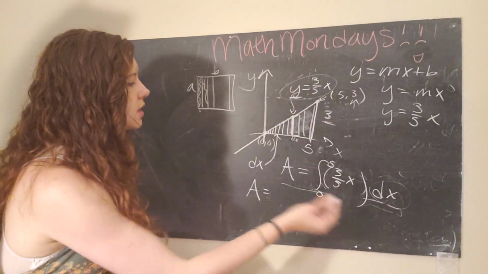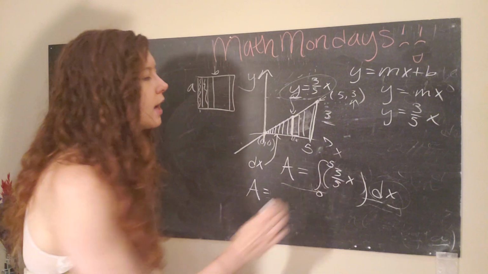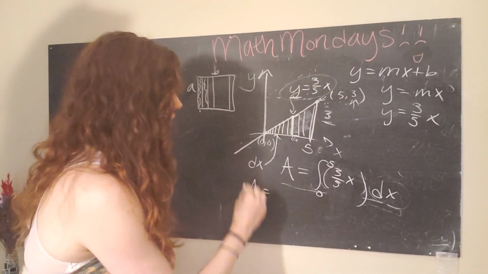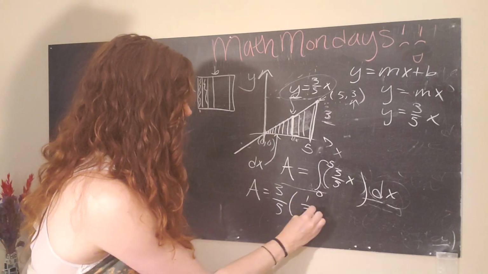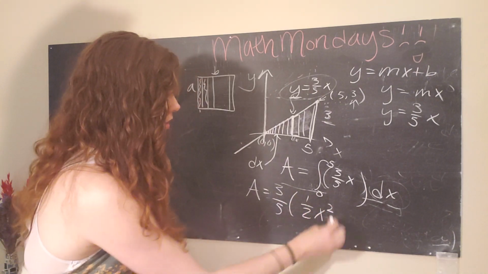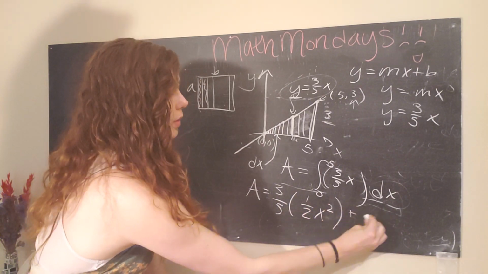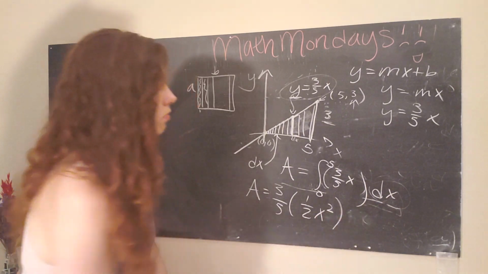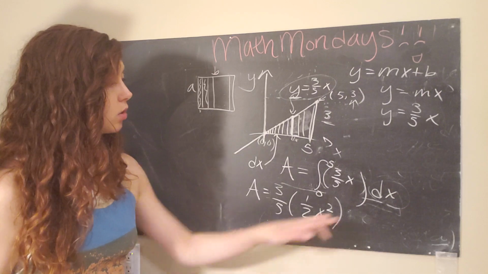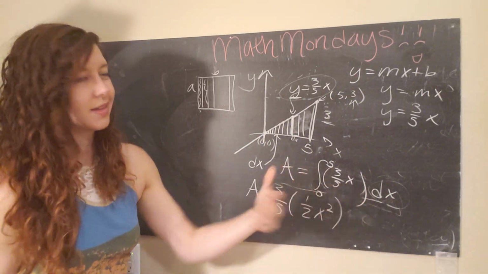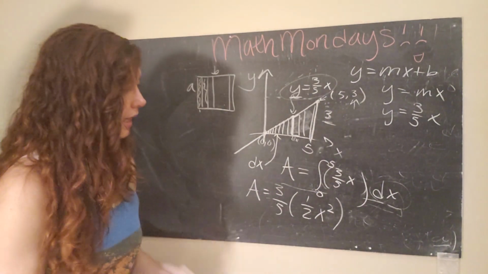So in this case, to reverse a derivative, we are going backwards, and so we will get 3/5 times 1/2 x squared. And normally we would add a constant for due diligence because the derivative of a constant is 0. So if you have an integral that looks like this, you might have a constant that was hiding out.